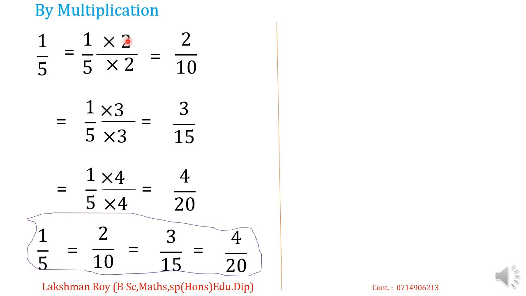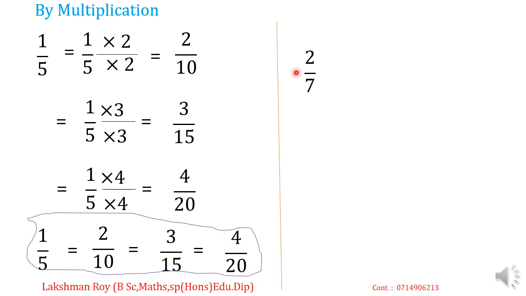Now I'll explain without these steps. Without these steps you can find equivalent fractions. Let's see that part. My fraction is 2/7. Now I find equivalent fractions, but I will not mention the steps.